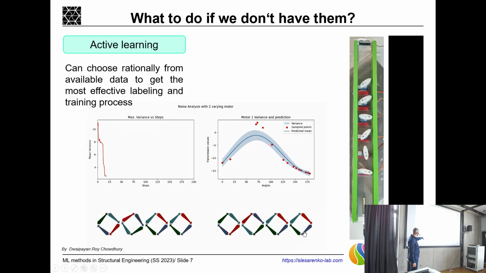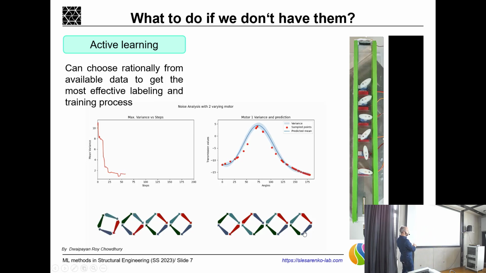It's these rotating elements, and we're rotating them, and we probe different positions, and build a model that will tell us the relation between angles and the transmission values. And we see that it's probing not randomly, it tries to probe in the positions where it's not certain about the model. And at the end, after a couple of iterations, our variance actually goes down, and we are quite good, this blue line, at the real prediction.